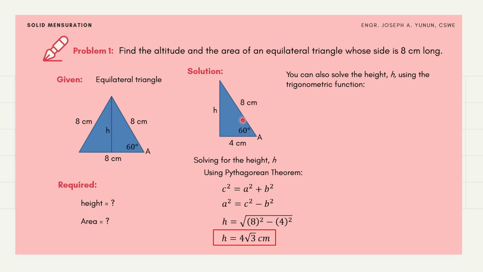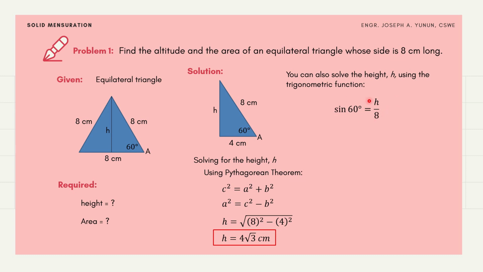So they are given. Okay, so I'll be using the sine function. If you wanted, you can explore. You can use probably tangent, which is opposite all over the adjacent side. But I'll be using the sine function. So sine of 60 degrees is the opposite, which is represented by the altitude, all over 8, which is the hypotenuse.